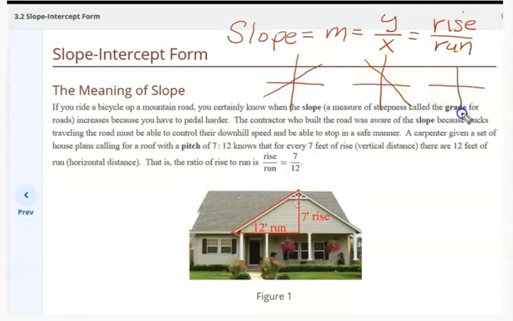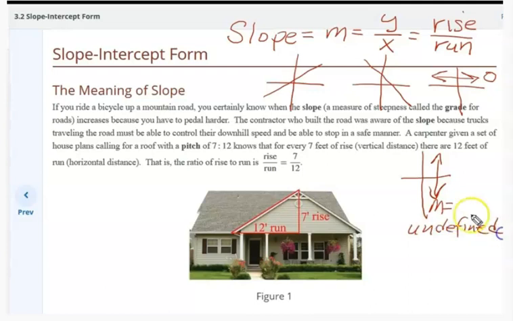And if the slope is a horizontal line, we say that's zero slope. And if the slope is a vertical line, we say that slope is undefined. All right, some background on slope. Hopefully you have all this in your notes.